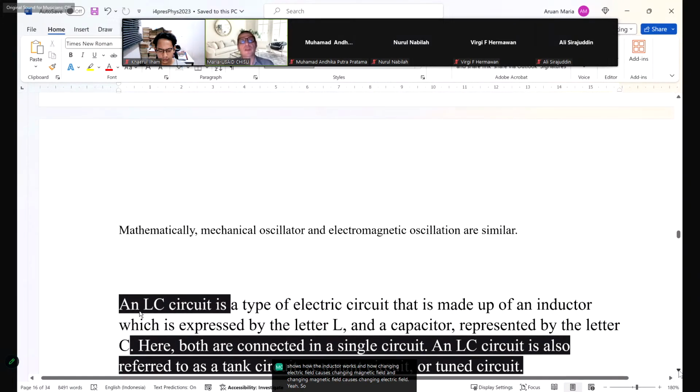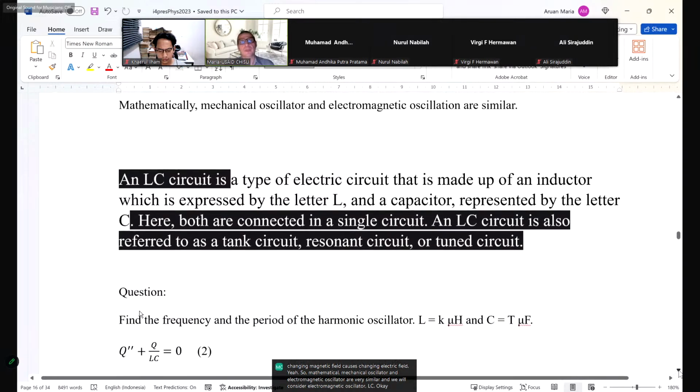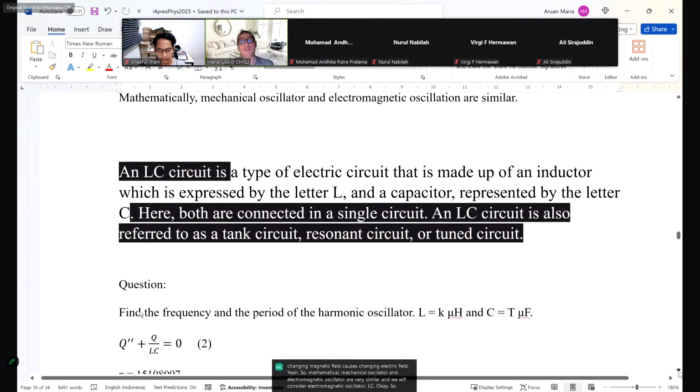So a mechanical oscillator and an electromagnetic oscillator are very similar, and we will consider the electromagnetic oscillator, the LC circuit, okay? So for the LC circuit, we only have a capacitor and an inductor in our circuit, okay?